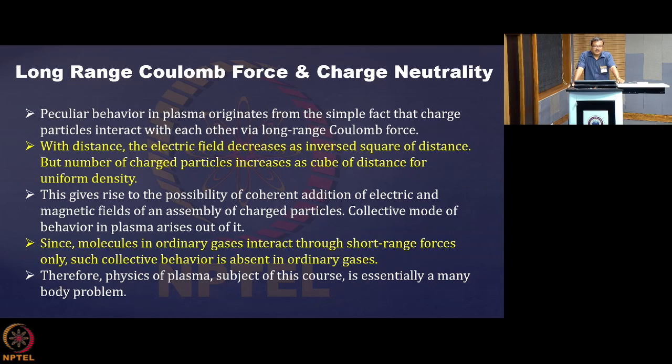But you just think that the number of charged particles, as we increase the radius, increases as the cube of distance.